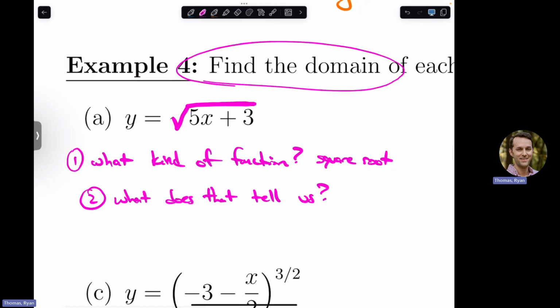Well, if there's a square root, we need to make sure that the stuff underneath is not negative. So figure out everywhere that the radicand, 5x plus 3, the stuff inside, is not negative.